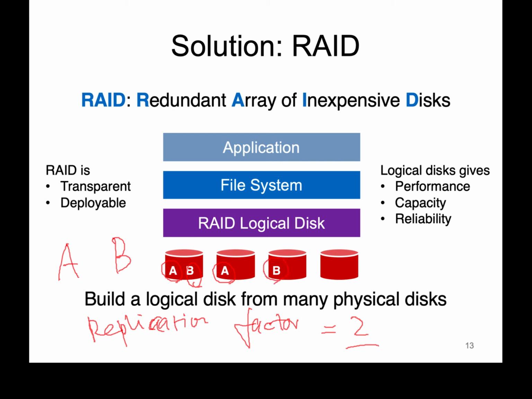So by duplicating this data multiple times, it inherently enhances the reliability properties, right? If, let's say, the first disk goes down due to hardware failure, we still have data availability because we maintain one extra data copy in disk 2 and disk 3, right?